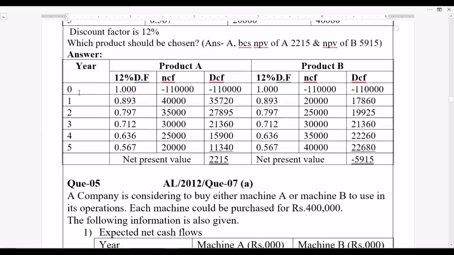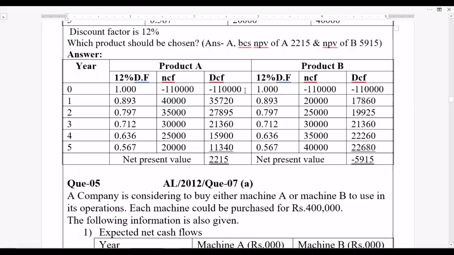In year 0, this is a discount factor of 1. The cash outflow is how much? 110,000 cash outflow, because the value of the machinery is 110,000.